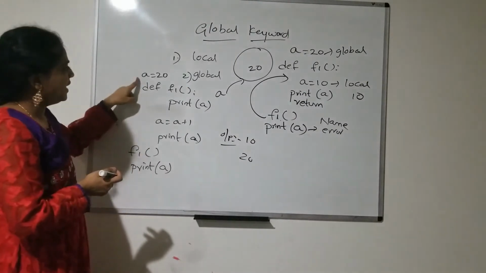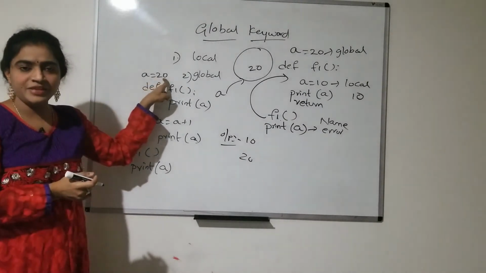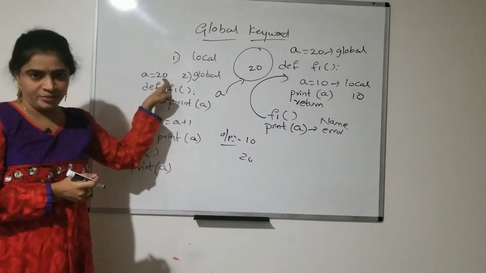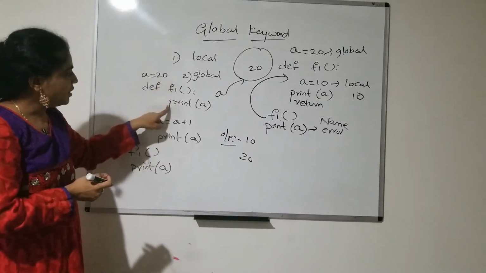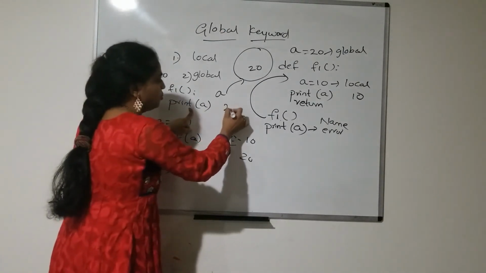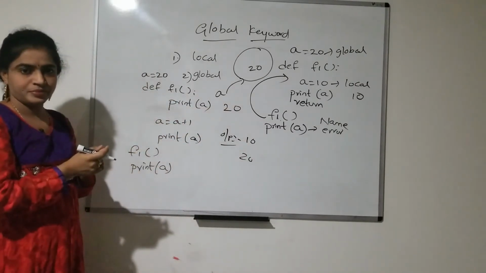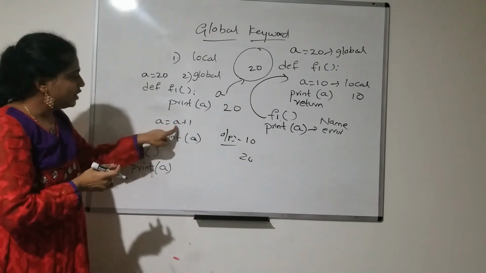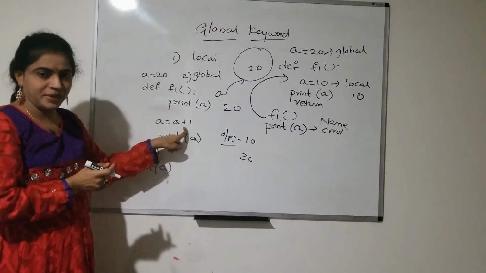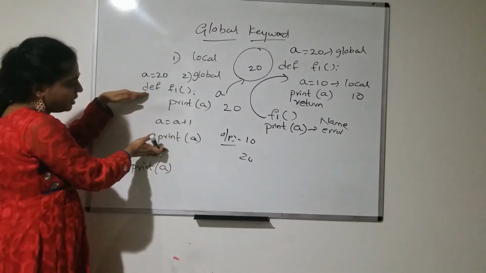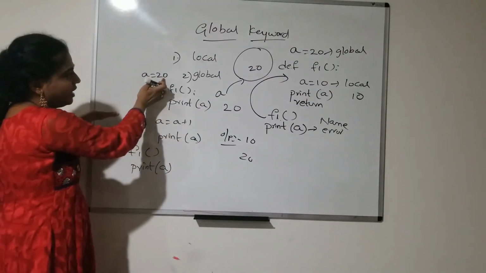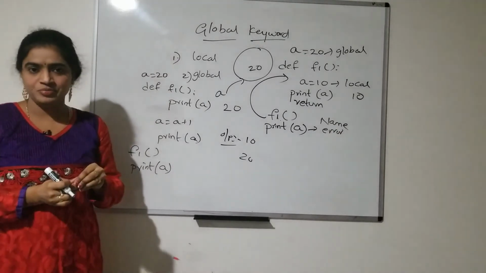Here A equal to 20, that means A is assigned with 20, which is a global variable. So, print of A means 20 is printed on the output screen. A equal to A plus 1 means from the function I am going to change the global variable value.